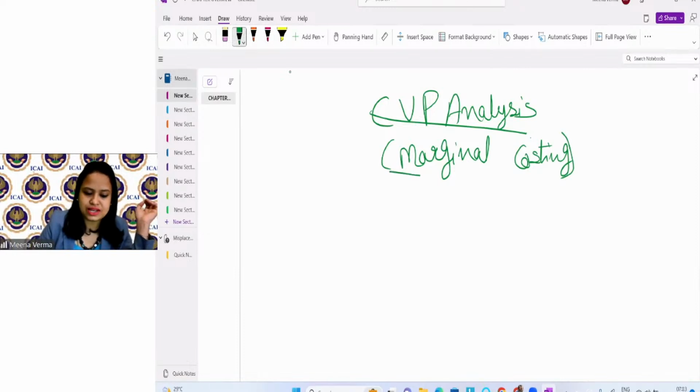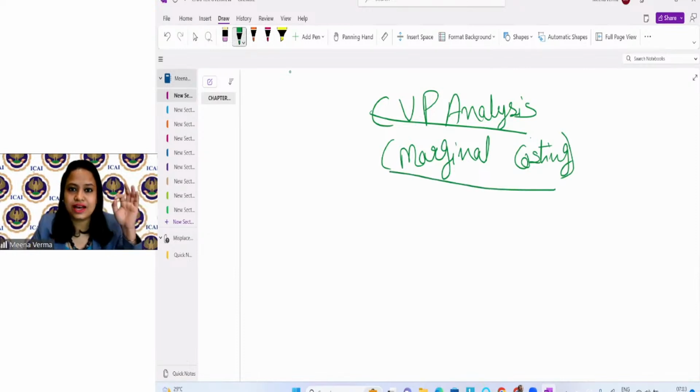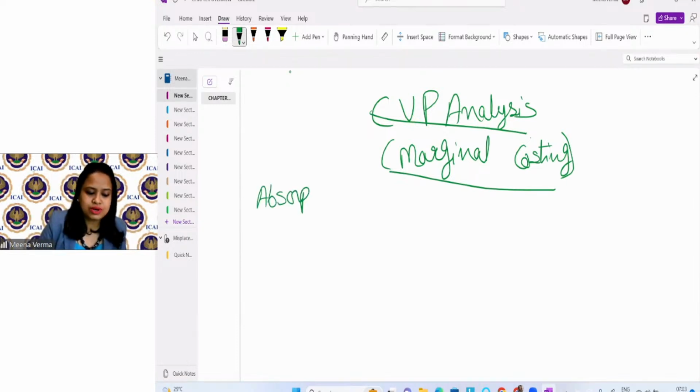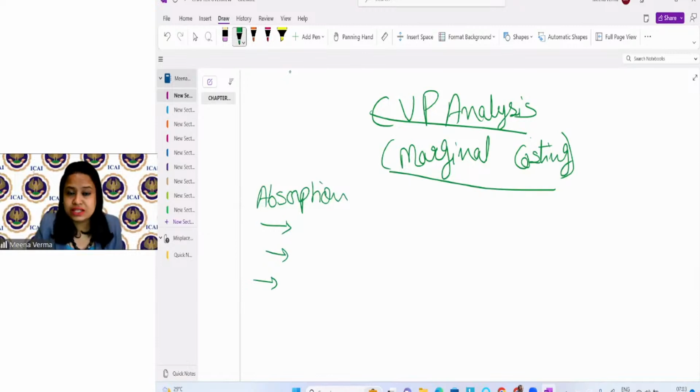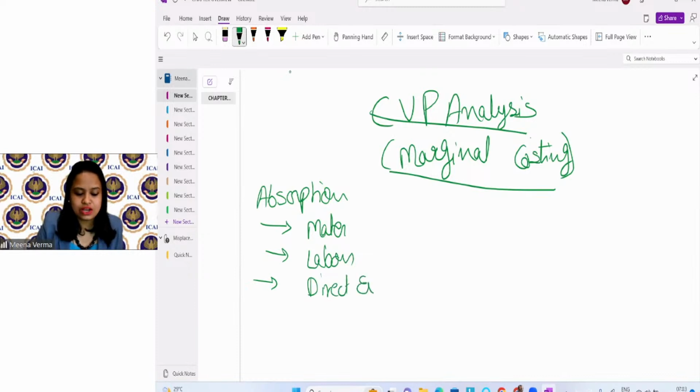Let's first understand what marginal costing and absorption costing are. When you studied absorption costing, you prepared a cost sheet where you consider all the costs of the company: the material cost, the labor cost, and the other direct expenses. All the direct expenses together are known as prime cost.